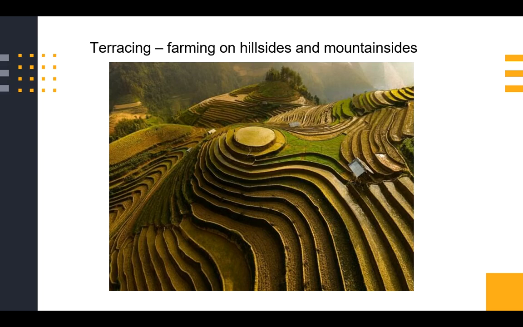But you can create farms on the hillside. If you don't do this, then you loosen the dirt and water it, and then gravity will take over and you get mudslides. So the Inca did this in South America. They do this in Vietnam and China for rice fields. But this is terracing.